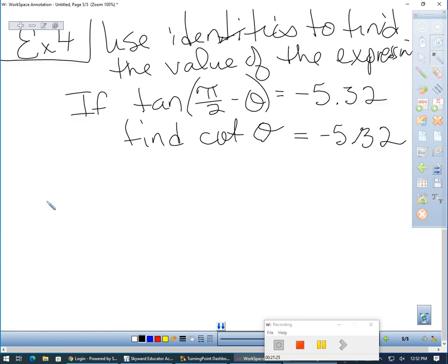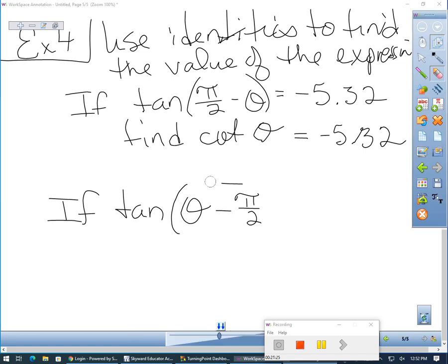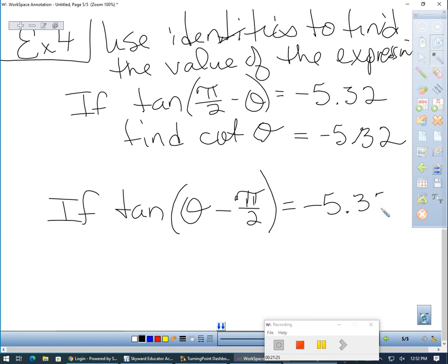What if I had tangent of theta minus pi over 2 equals negative 5.32, find tangent of theta.